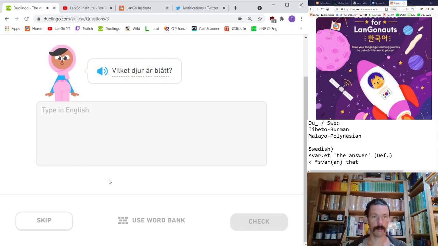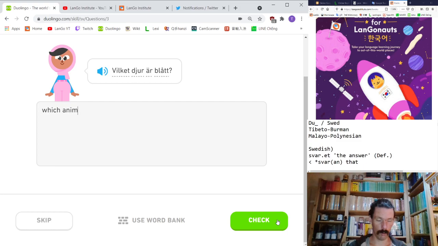Vilket djur är blått? Note that the DJ written cluster has dropped the D. It's just a djur with a yod initial. Vilket djur, agreement suffix, neuter, är blått. This is also an agreement suffix. Interesting that it's doubled. So it might look like the German word leaf, Blatt, but it means something quite different.